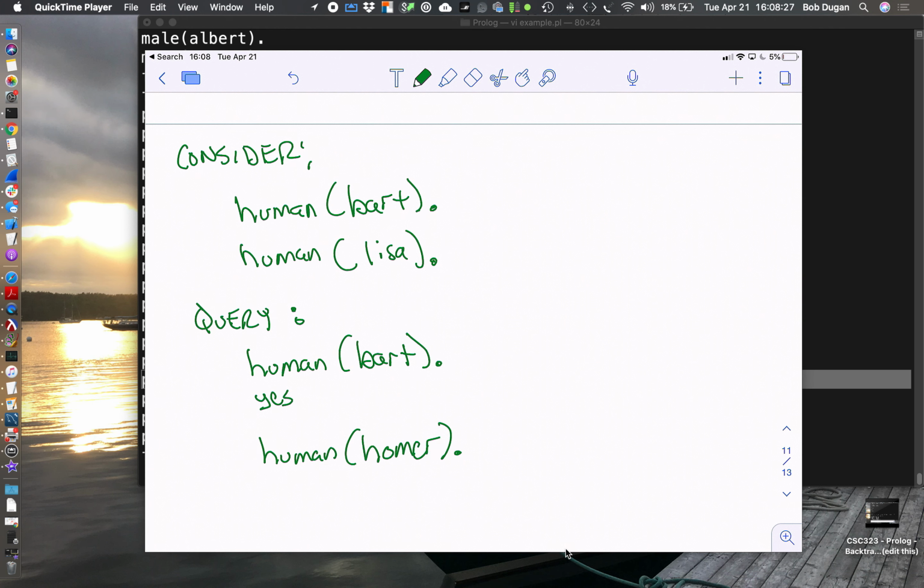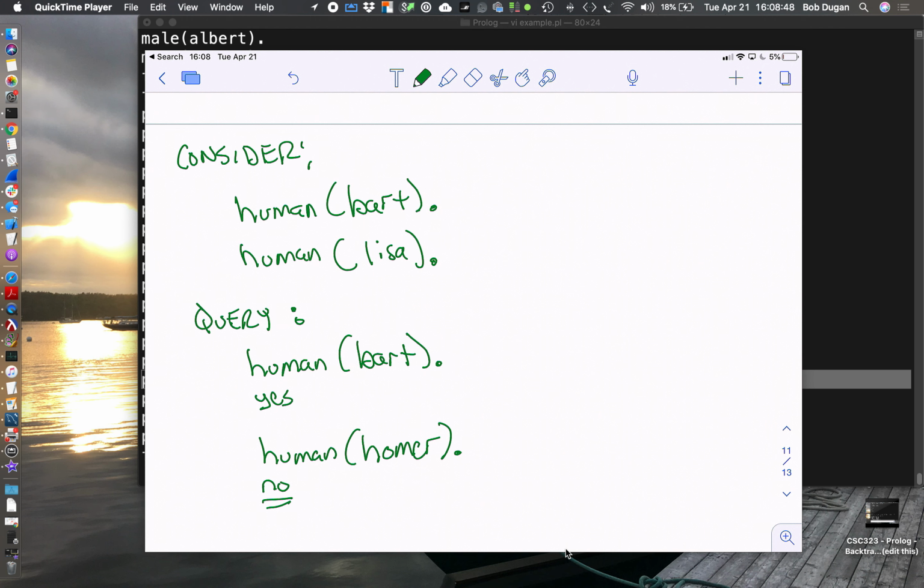Is Homer human? The answer will be no. Now, is Homer a human? Well, yeah, Homer's a human. It's just that the fact that Homer's a human is not in our database.